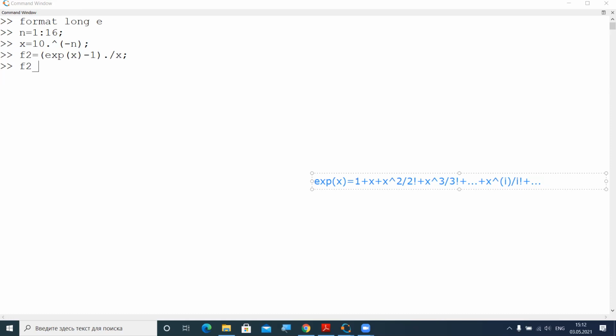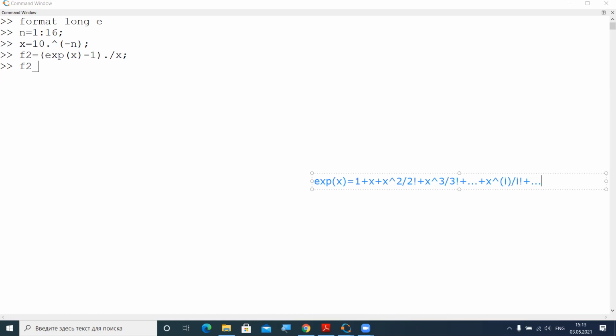So in this case, as the starting value of the new function f2, consider, for example, 1.